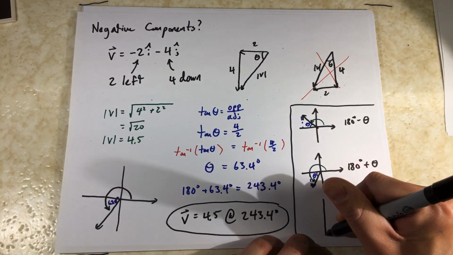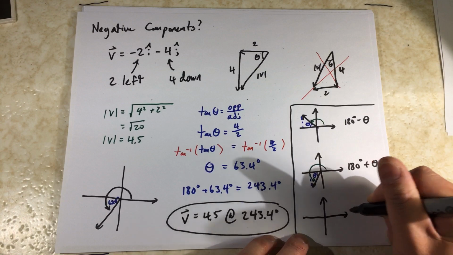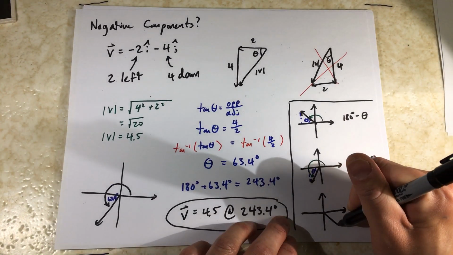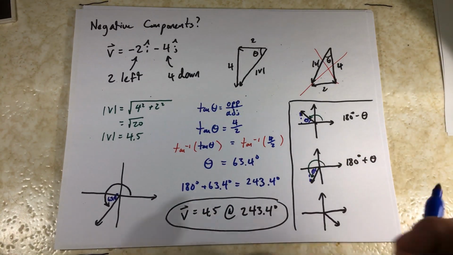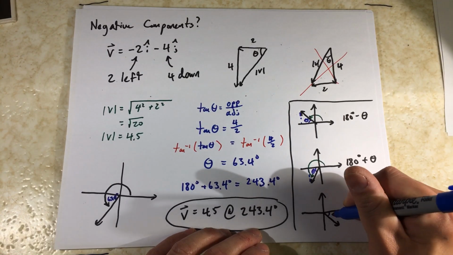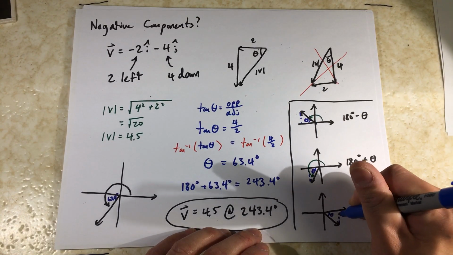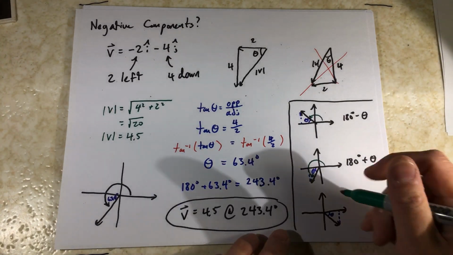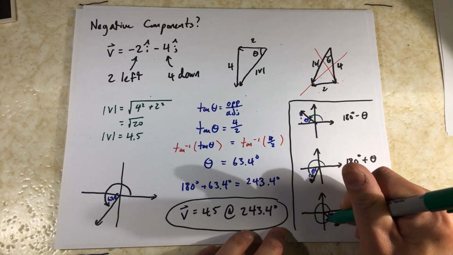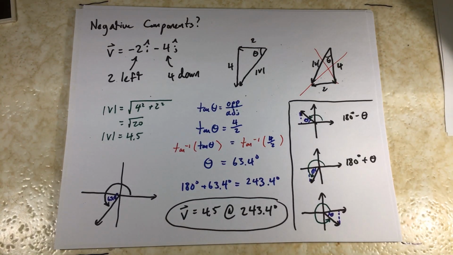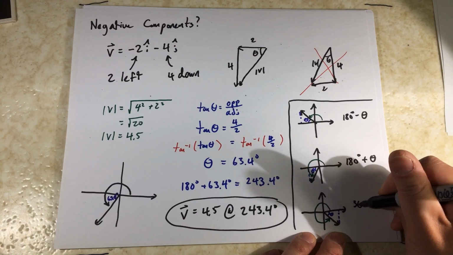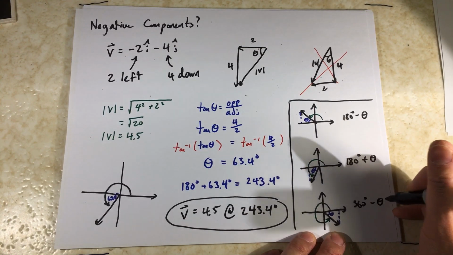If you're in the fourth quadrant, then you're probably down here somewhere. You have your angle like that. You probably drew a triangle like this, and the angle you want is this one. In that case, you would do 360 minus theta.